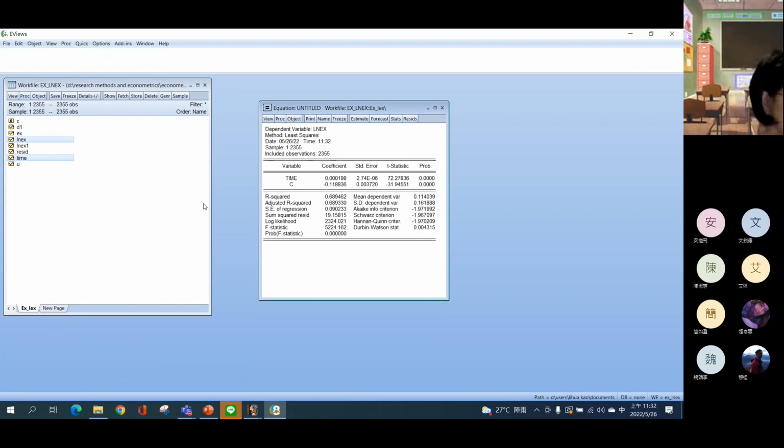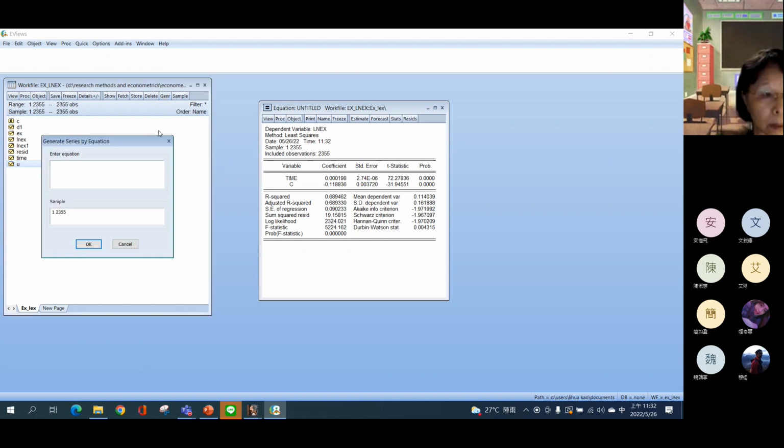Let me say I'm using residuals. This is what I have done. After I run this, I can generate the residuals using this.